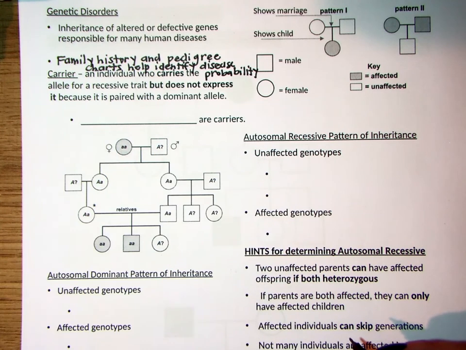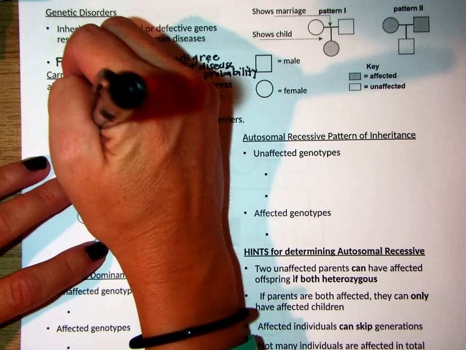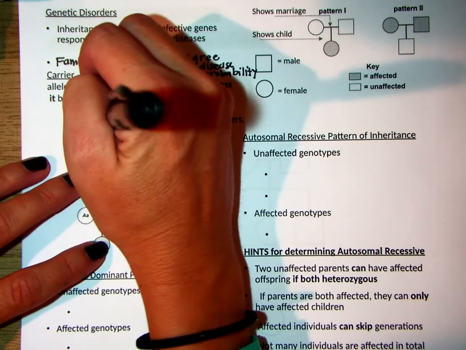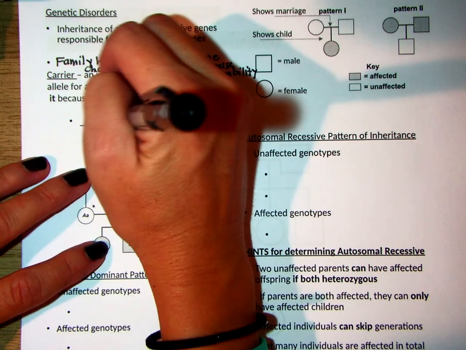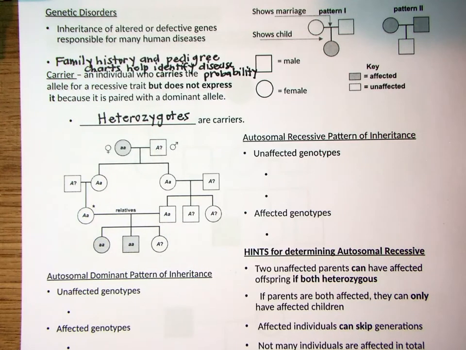It's going to be the heterozygotes because they have one of each allele. So heterozygotes are carriers, so they don't have the disease, but they carry the allele for it that they could possibly pass on to their offspring.